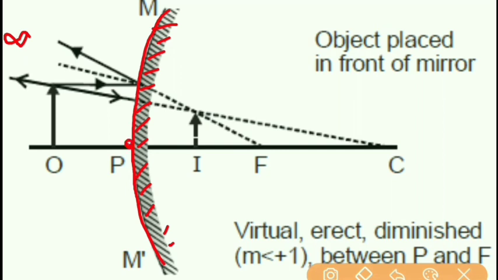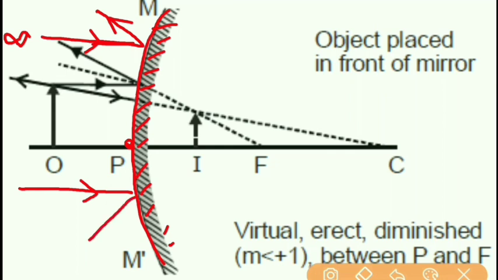So when the object is at infinity, all the rays will scatter after reflection. Suppose one ray is coming, and when it is incident, it will divert in this direction. Suppose the ray is incident here on the lower side, then after reflection it will scatter.